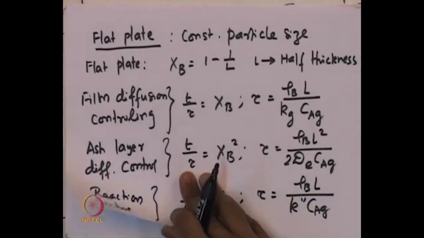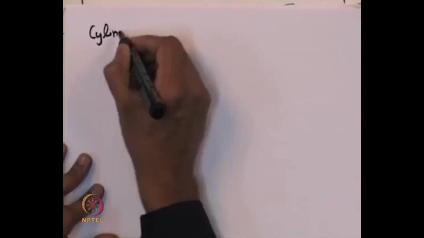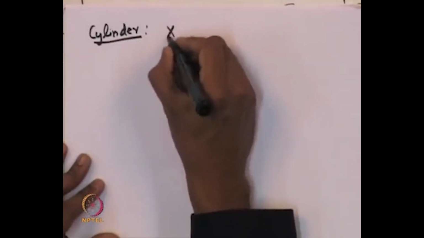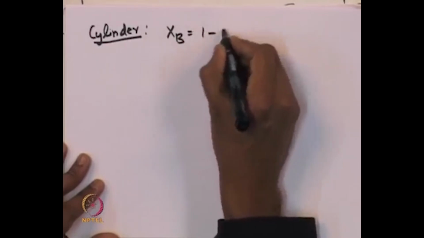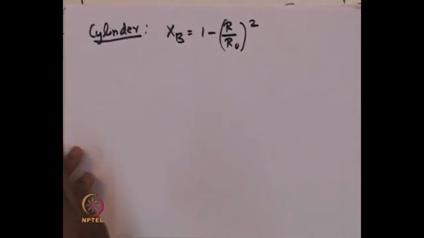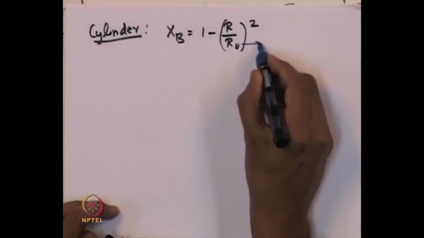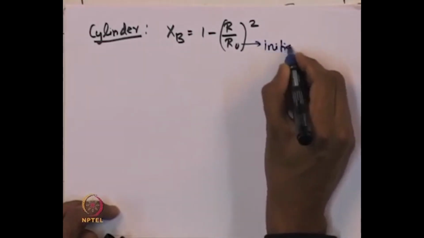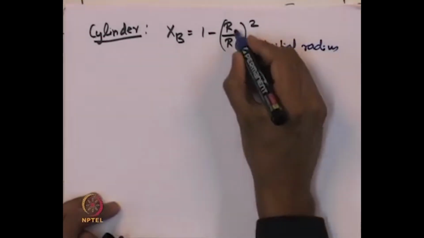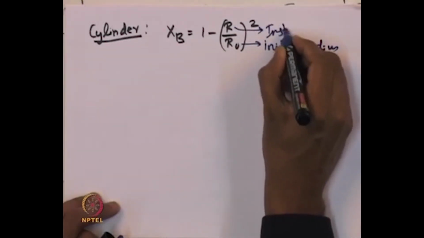Now, similar expressions have been obtained for cylinder geometry, and they are as follows in this table. So, for a cylindrical geometry, the conversion of the solid Xb is defined as 1 minus (r by r naught) the whole squared. Here r naught is the initial radius of the cylinder, and r is the instantaneous radius.